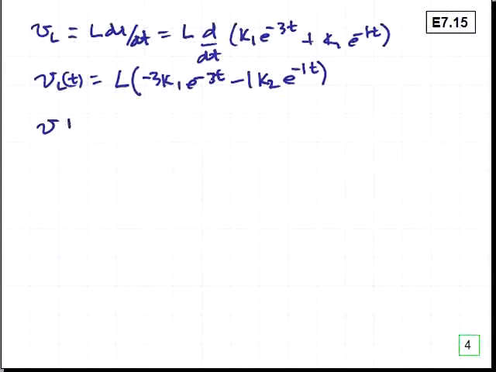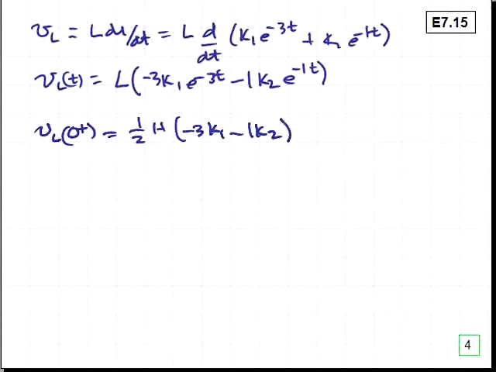Considering the time 0 plus, V sub L is equal to 1/2 Henry for the inductance, the exponential terms go to unity and we have minus 3K1 minus 1K2, or minus 3/2 K1 minus 1/2 K2 is equal to minus 4 volts, that which we determined from a study of the loop circuit at 0 plus.